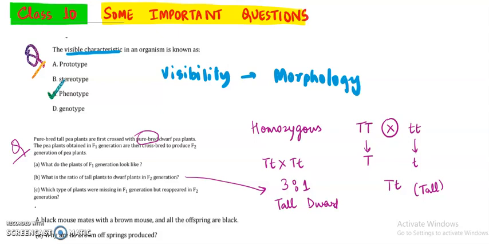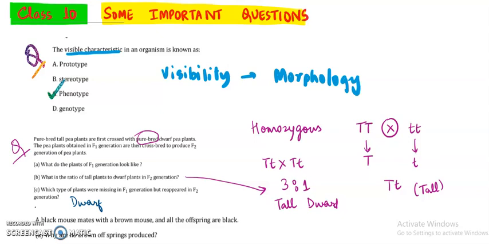What type of plants were missing in the F1 generation but reappeared in the F2 generation? So in the F1 generation, dwarf pea plants were missing because dwarfness was a recessive character and it could only express itself in homozygous recessive condition. That's why it wasn't there in the F1 generation.